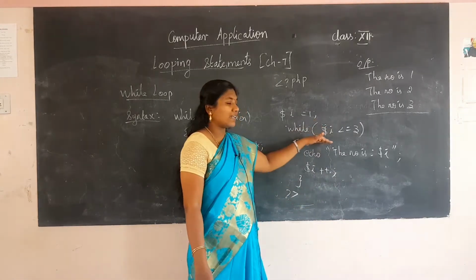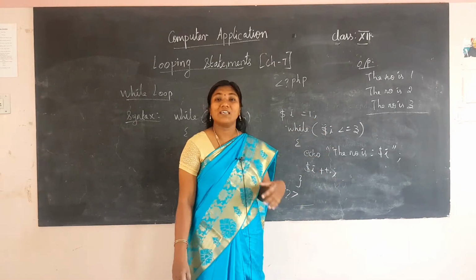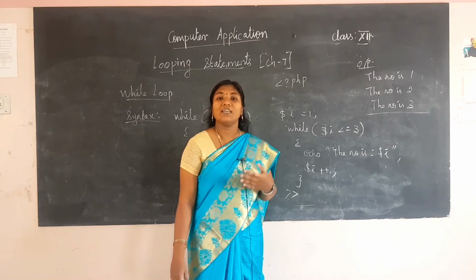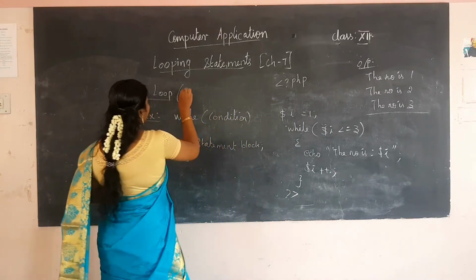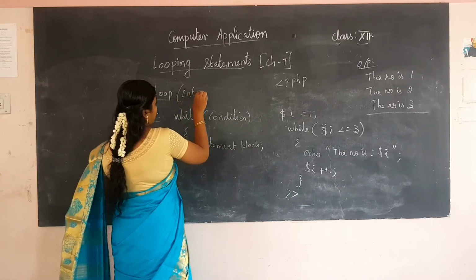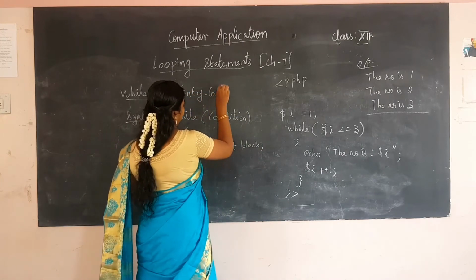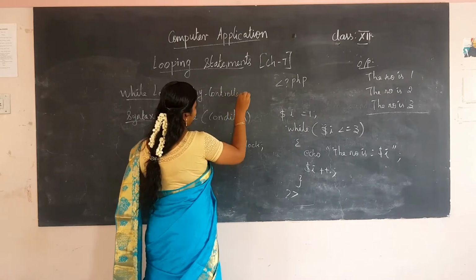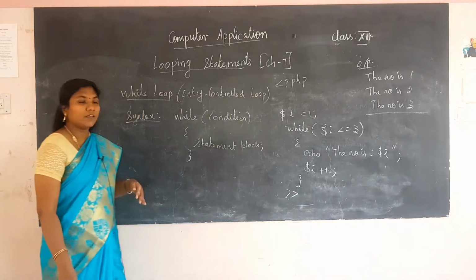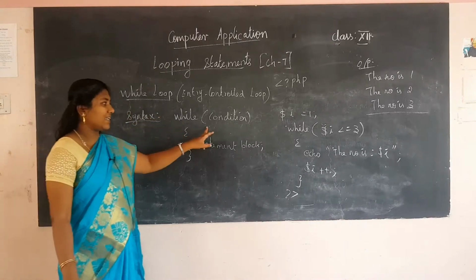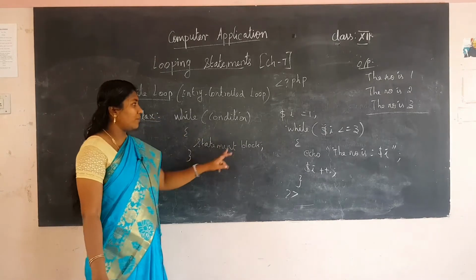So when it is entering into the loop itself we are checking the condition, so it is called the entry control loop. So the while loop is called an entry control loop.